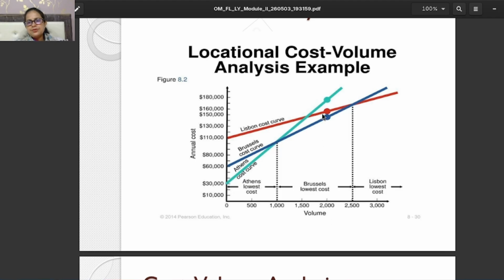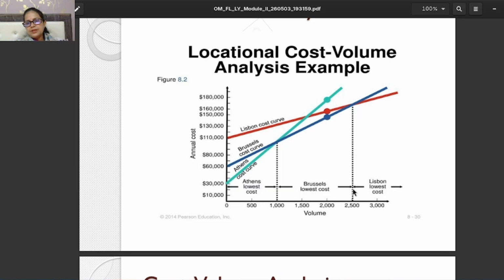Up to 1000, Athens is good. But after 1000, Brussels is good, till 2500. So according to our question, if we are producing 2000 units, we can choose the Brussels location.